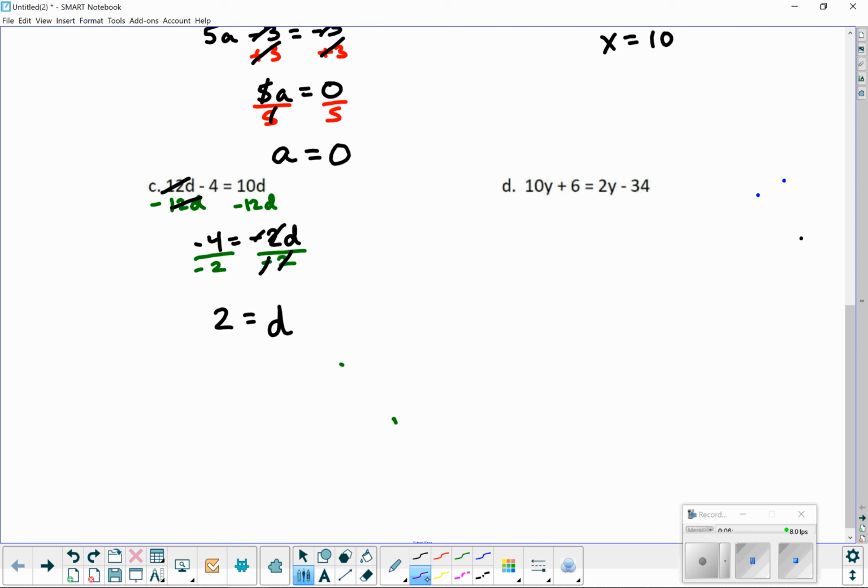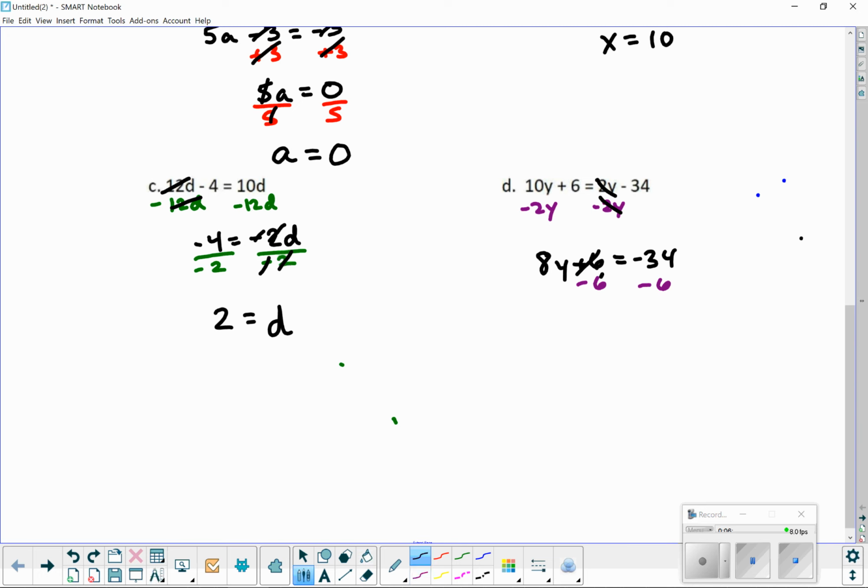Let's go ahead, and like I mentioned earlier, I like to take care of my variables first. So I'm going to do a minus 2y, minus 2y. You're going to end up with 8y plus 6 equals negative 34. And you're going to get rid of that plus 6 by subtracting 6.